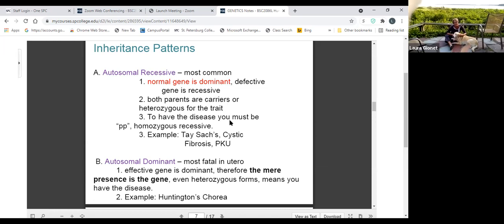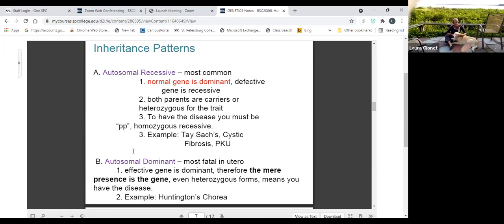To have the disease, you must be homozygous recessive. So let me just back up again. Autosomal recessive pattern: you either are normal or you have a particular trait or disorder, and normal dominates over the disorder. And this pattern is the most common.